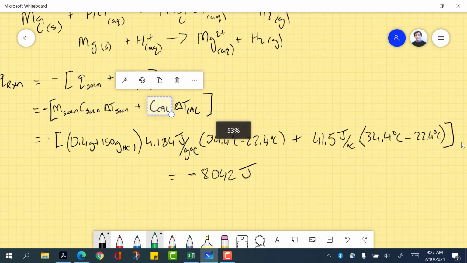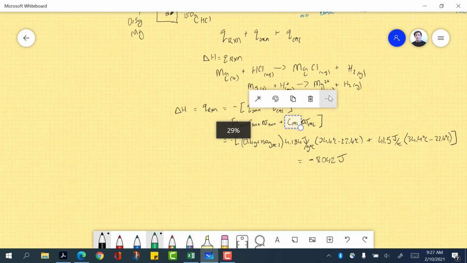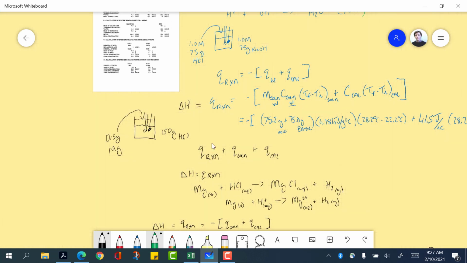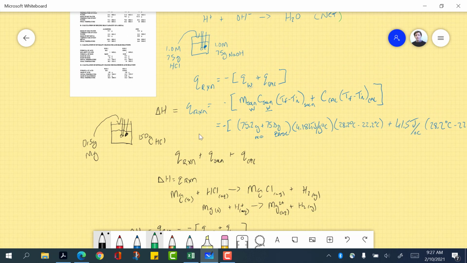And that's an example of how you calculate the heats of reaction associated with two chemical processes, and how to calculate the specific heat of a metal, and also to find the calorimeter constant. So if you're doing a calorimetry experiment, the first thing you have to do is find the calorimeter constant, and then you would use that in the rest of your calculations.